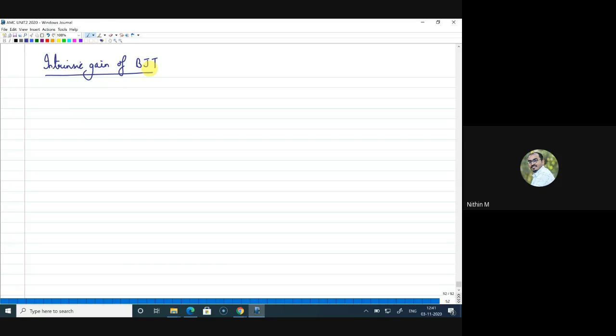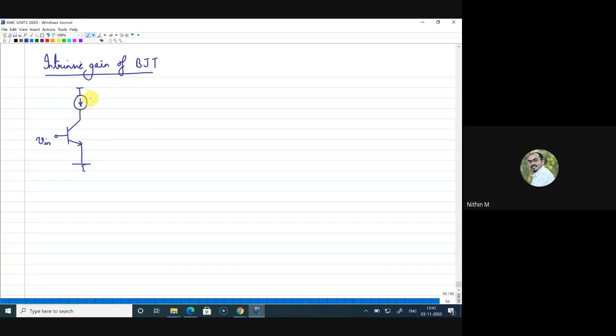Similarly, for a BJT also, we can find the maximum gain available from a single BJT. We will take the same approach as for a MOSFET. This is a single BJT, assuming the input is given to the base. We extracted the intrinsic gain for a MOSFET by loading it with an ideal current source, since whenever you load with a resistance, that resistance will limit your gain.